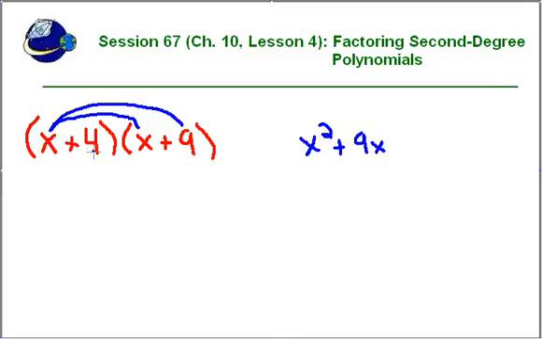Now we go to our second term here, our 4. We take this 4 times our first term there, x. What is 4 times x? That's a positive 4x. It's a plus 4x. Then we take this second term and we multiply it by our second term here. What's 4 times 9? Well, 4 times 9 is 36.